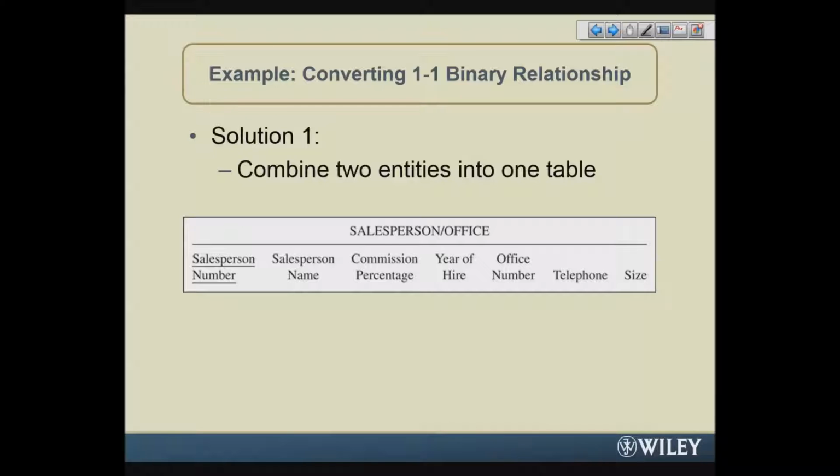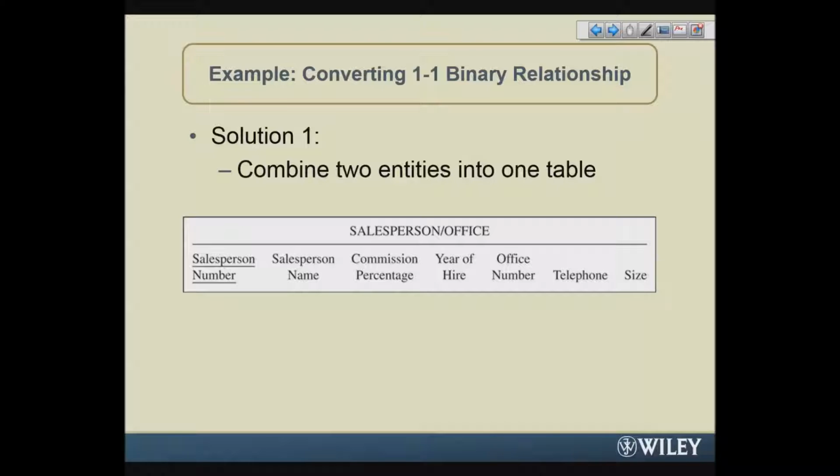Another thing is that salesperson here is underlined, which indicates to me that it is a primary key. So what did we say about a primary key? A primary key can never be null. So every primary key can never be a null value.